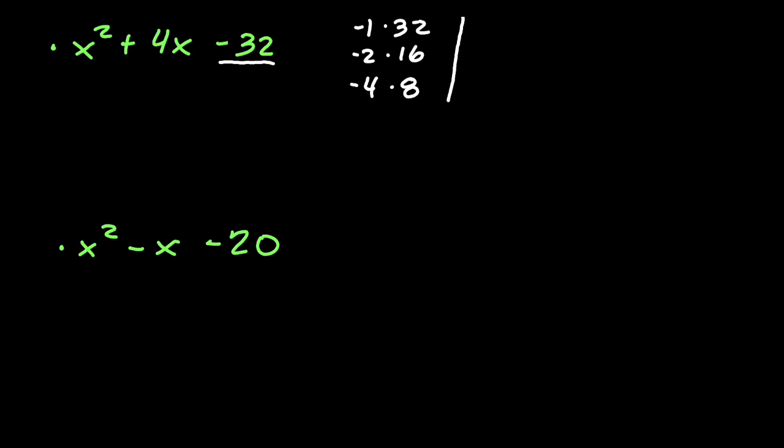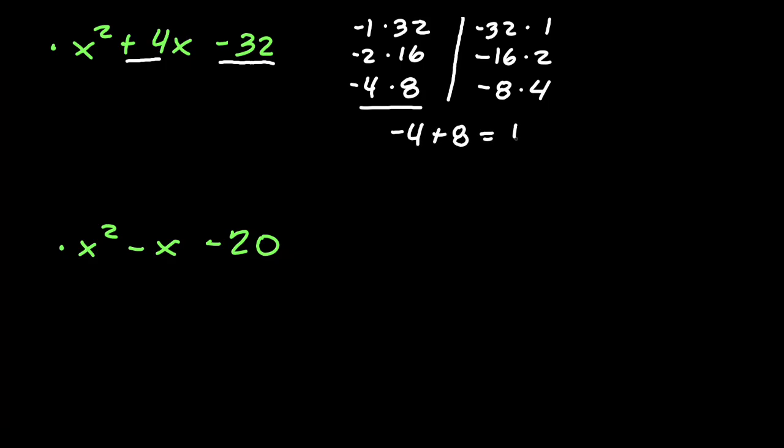The same can also be in reverse, which would be negative 32 times 1, negative 16 times 2, negative 8 times 4. And so what we're looking for here is a positive 4. Negative 4 plus 8 would be positive 4. And so our answer would be x minus 4 multiplied by x plus 8.